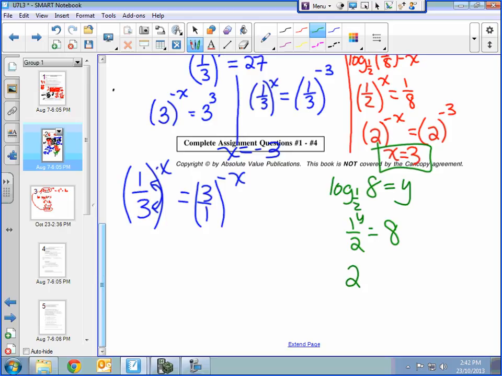2 to the what? Start off with this one. 2 to the negative y is equal to... I didn't use x again because we're solving 2 different things in one question, okay? So what is positive y equal to?